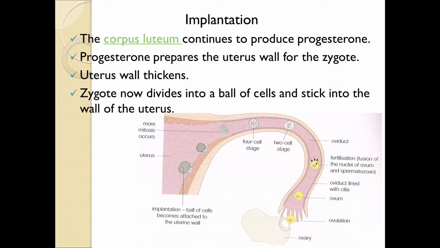The reason it does that is because of the rich supply of blood there. As I said before, the blood is what the developing fetus, the developing baby, will get all its nutrients from, and just about anything it needs to survive or develop into a fully blown baby.